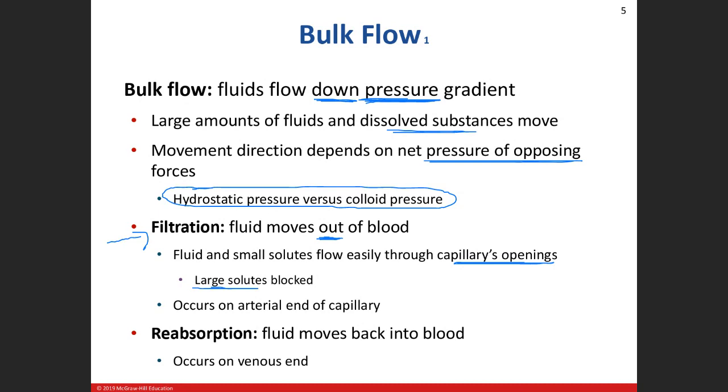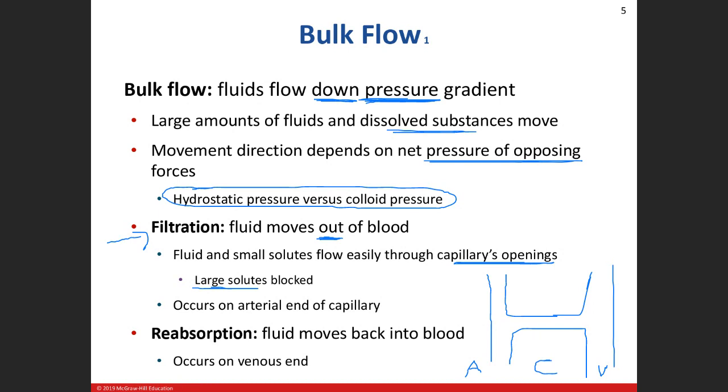So when we were talking about our circulatory system, I'm going to draw like an H. This is the artery side. This is the vein side or venule side, and then this little crossbar guy is the capillary.